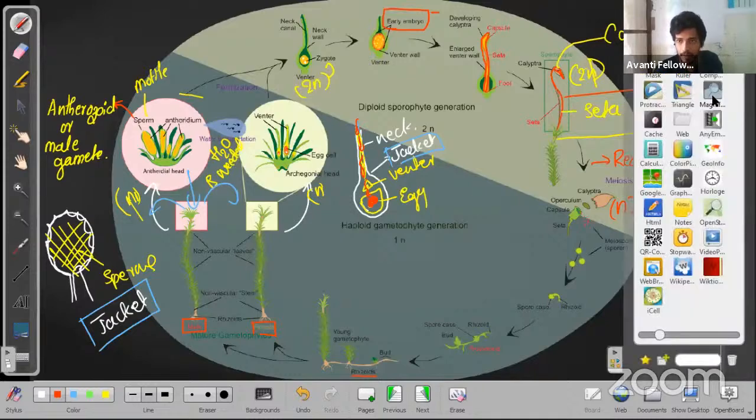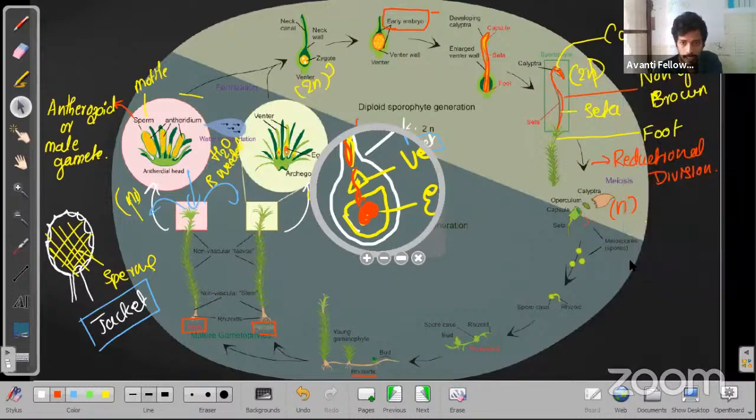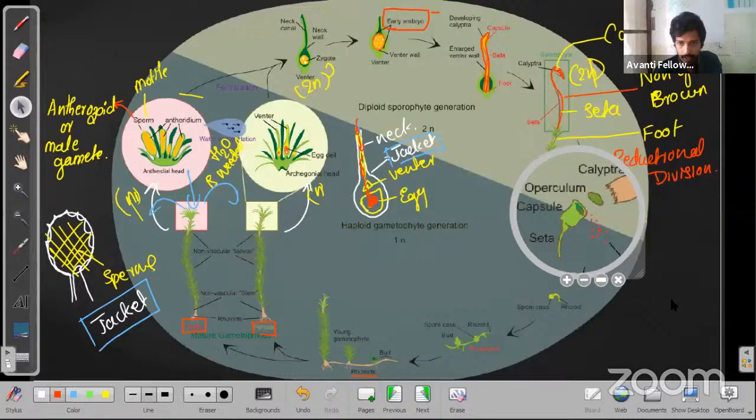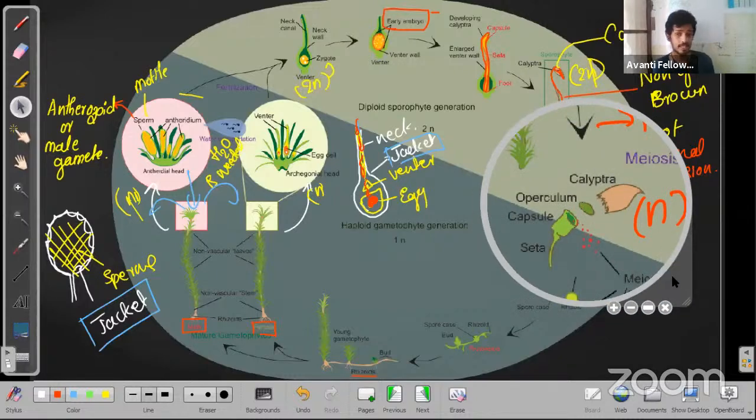Okay, 1 minute, I will take a magnifier so you guys can see clearly. If I take this here, you can see the capsule is again divided into several parts.